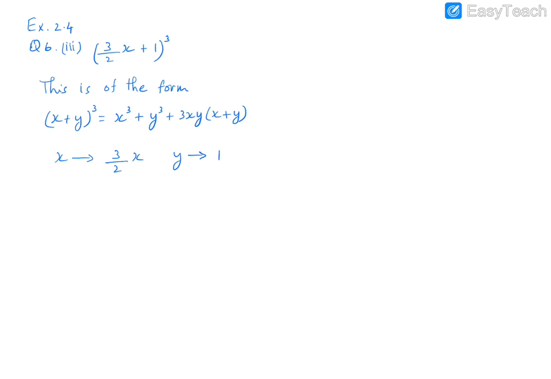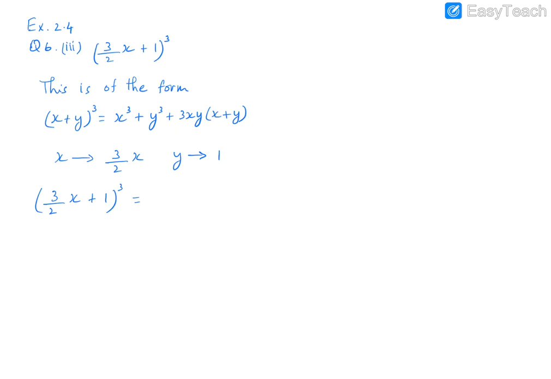So we can write our expression 3 by 2x plus 1 the whole cube by substituting in the right hand side of the identity, which is x cubed plus y cubed plus 3xy into x plus y. So in place of x we have 3 by 2x, and in place of y we have 1. So we just have to substitute that.